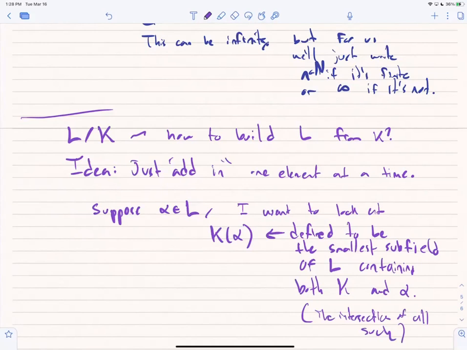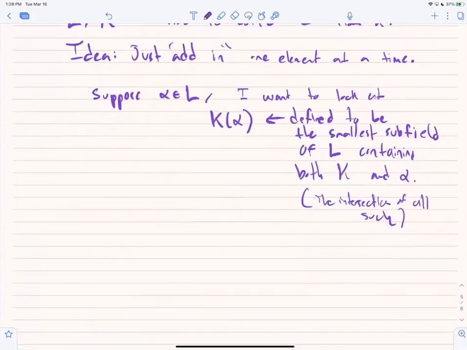The other thing to check is that the intersection is over some actual set of things, but L in particular is one such subfield. So this is not a degenerate thing. This definition makes sense and is constructed by taking the intersection of all such.